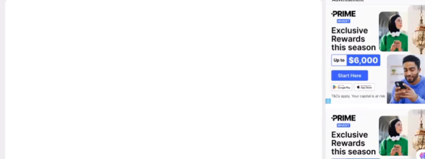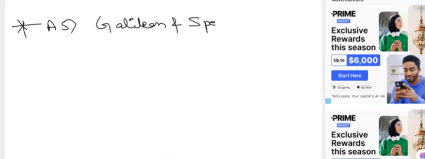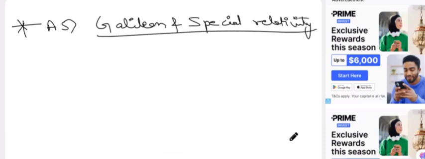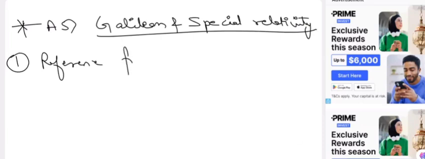Okay, now let's talk about Galilean relativity. What does Galilean relativity predict? Let's start from the first pointer, and that is your reference frame.